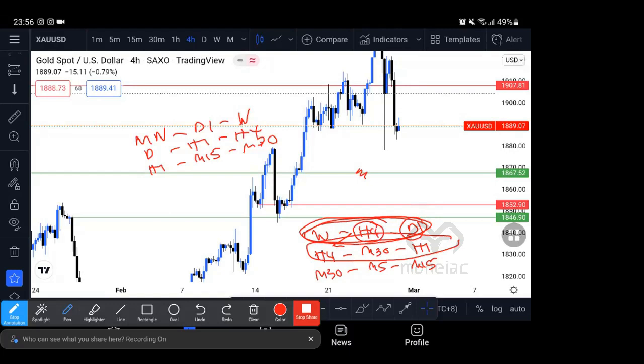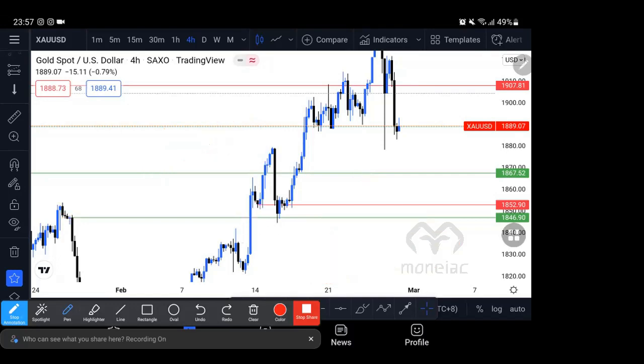So just like this, how I've been using this. If we drop down into H4, we're gonna have this level and this level for entry. If we drop even lower, maybe we will have an M30 level over here, even more accurate.